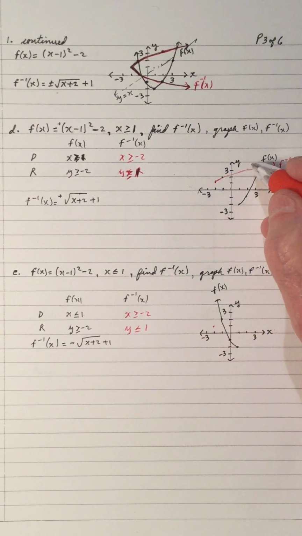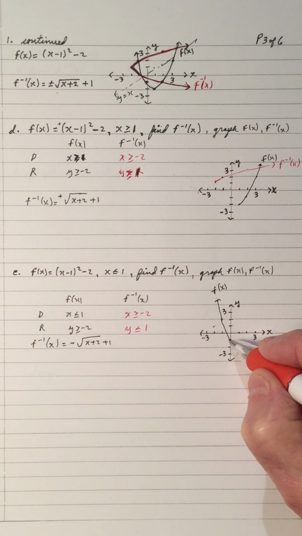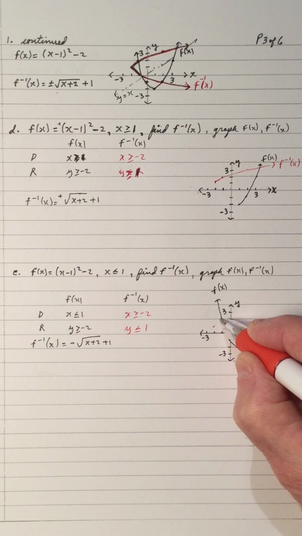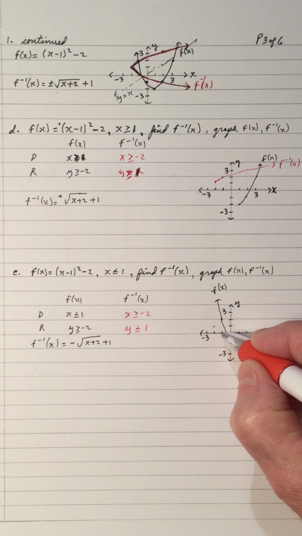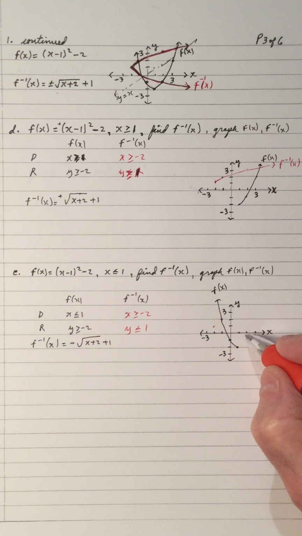And this other point is right here. We take this point, x is 0, y is negative 1, so it becomes negative 1, 0, which is here. This point here is negative 1, 2, so it becomes 2, negative 1, which is right here.